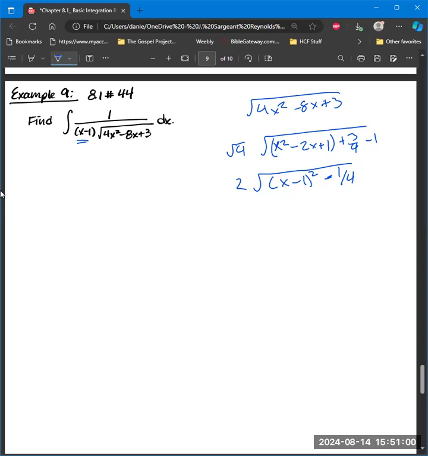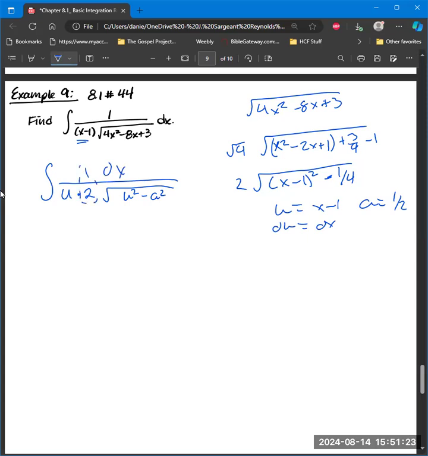Here, let's go ahead and show you what I'm doing. This is going to be a u times 2 square root of u squared minus a squared. U is x minus 1. A is 1/2. Du is dx. So I have this 1/2 right here that needs to come out front.